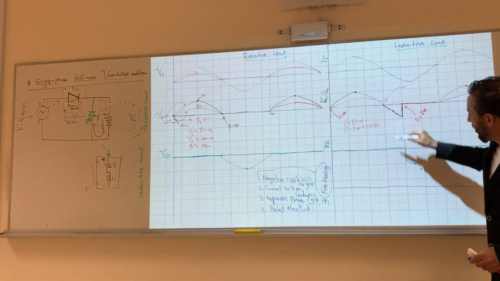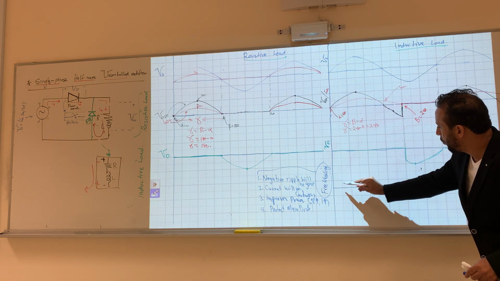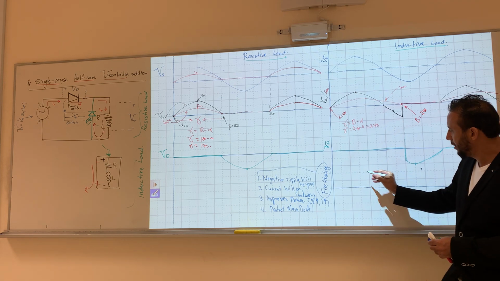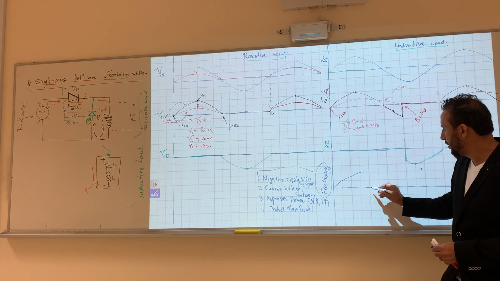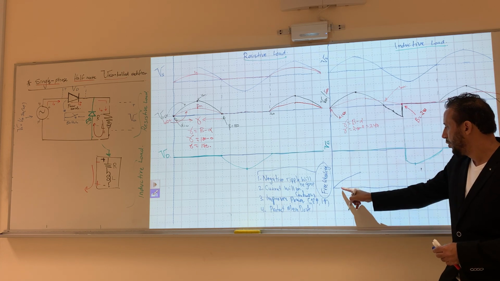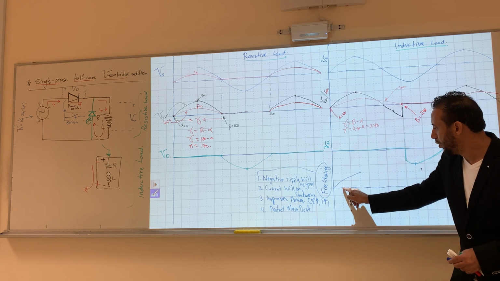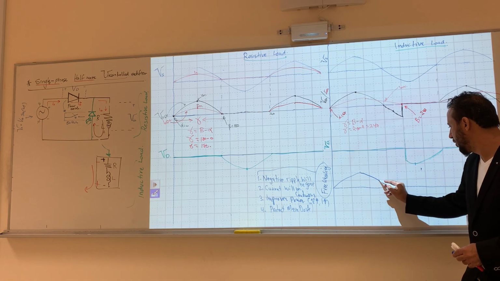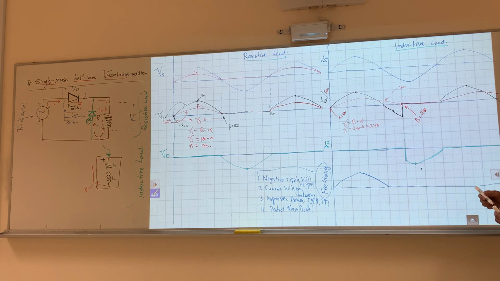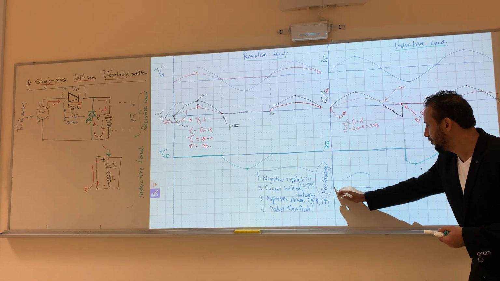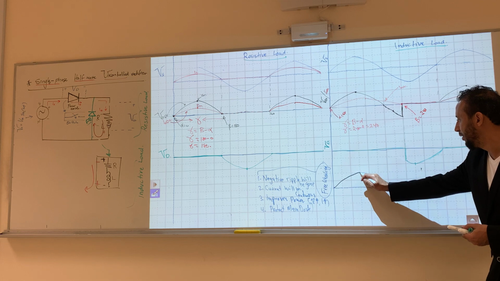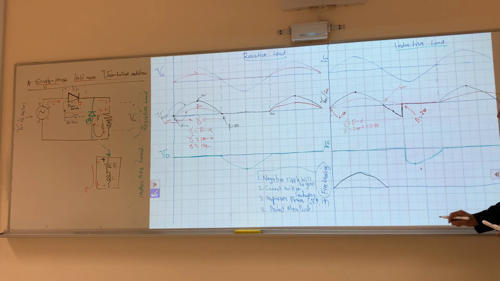Now we get rid of this negative ripple right here. So this is my peak again. One, two, three, and this is here three. Get rid of the negative ripple. And same thing right here.